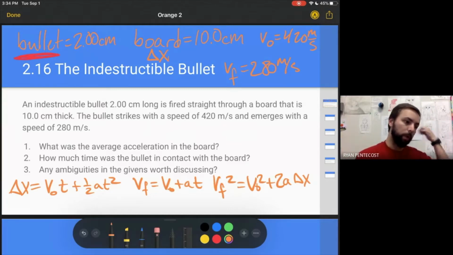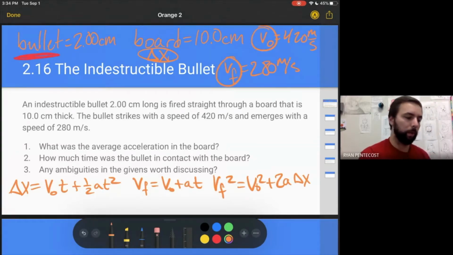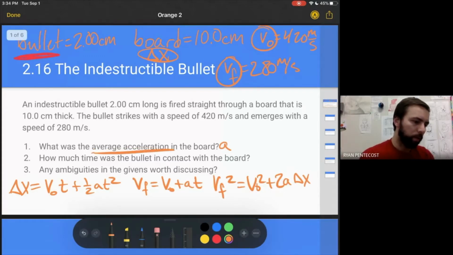So we have delta x, we have v naught, we have v final, and we are looking for a, which is average acceleration, not instantaneous acceleration. Let's go through here.